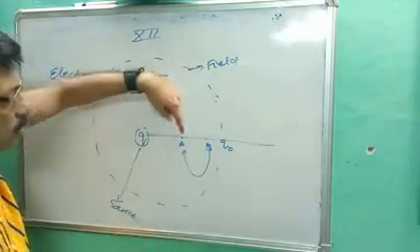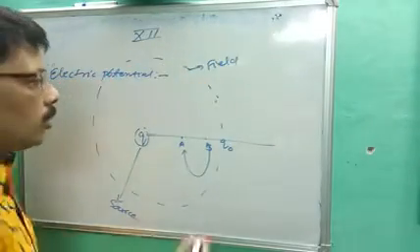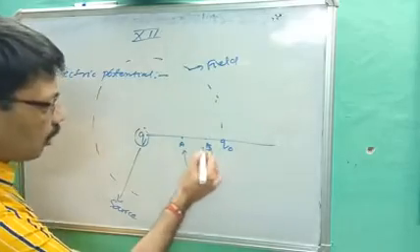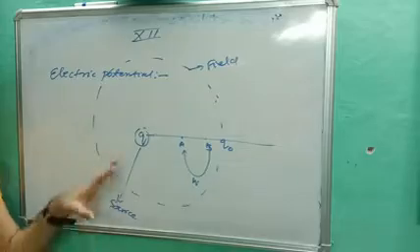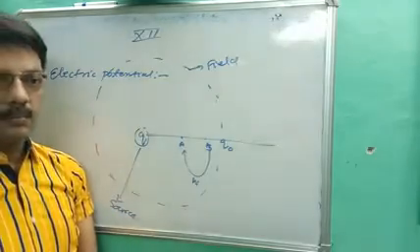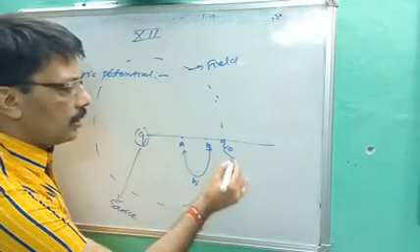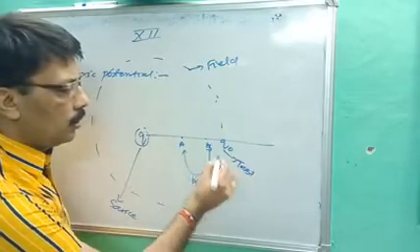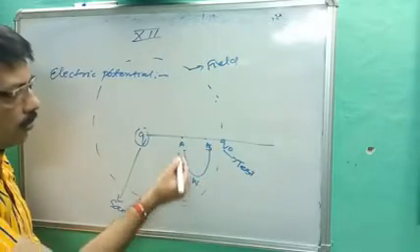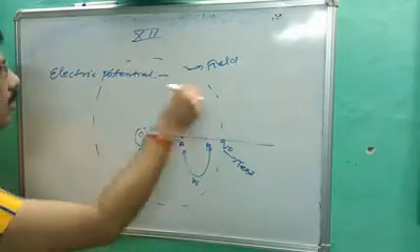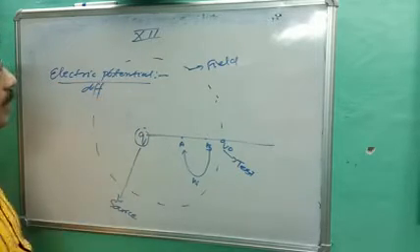Since A is closer to plus Q, its potential will be more compared to B. So Q0 charge is brought from B to A and work done is W. Then the definition is: the amount of work done in bringing the test charge Q0 from one point to another point inside the field is called electric potential difference between those points.